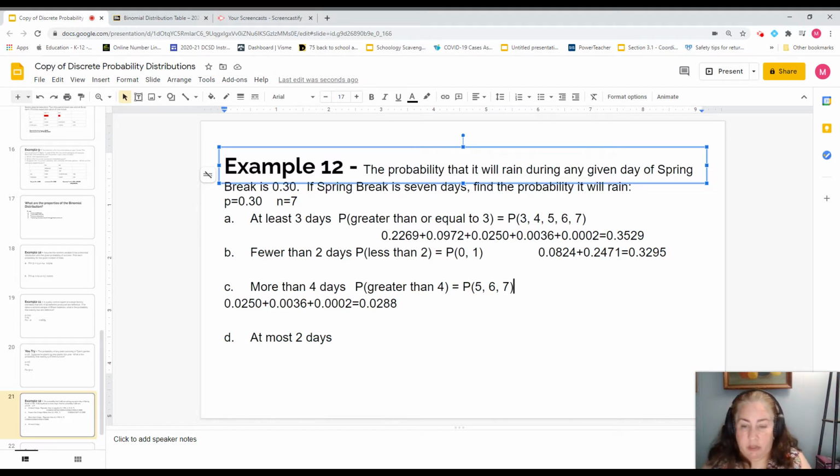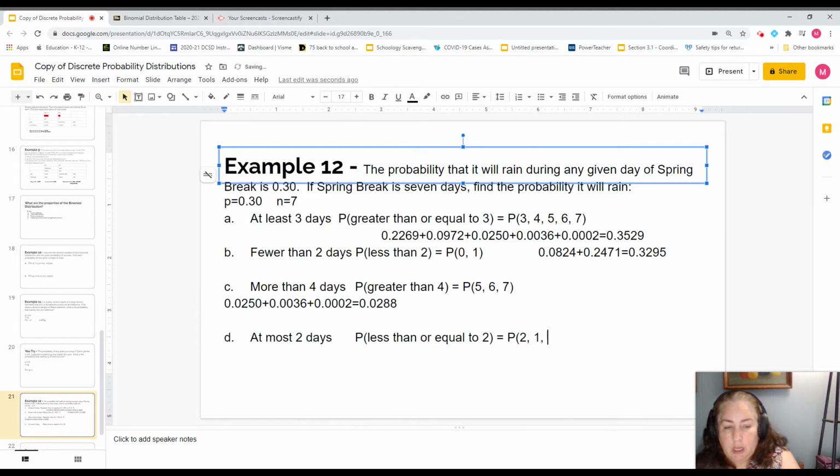Okay. Now, the last one is at most 2. That means that the most it can be is 2, which means it is less than or equal to 2. So what numbers does that include? That includes 2, 1, and 0. So in my chart, I've still got the same N, same P, and it's going to be 2, 1, and 0.